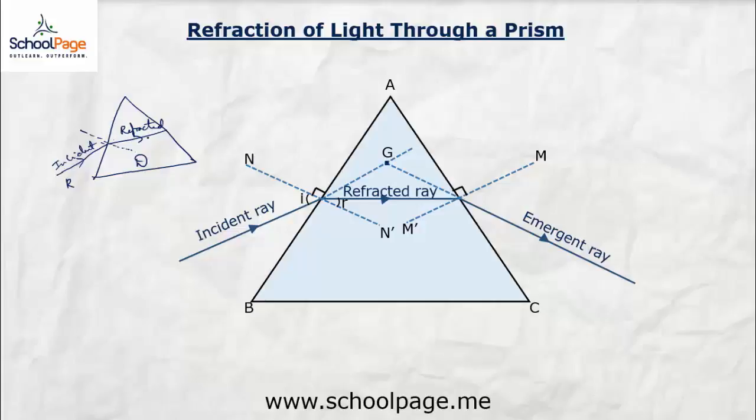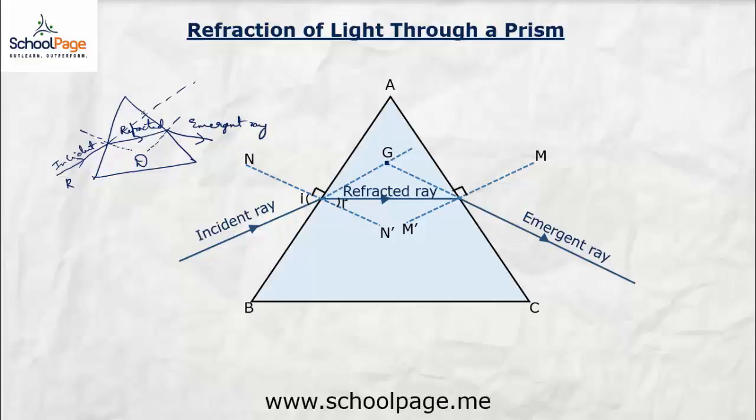So when this ray of light traveling in the prism comes out into air, refraction takes place again. If this is the normal, you may notice that since the ray is going from denser medium to a rarer medium, this ray of light bends away from the normal and goes along this direction in the form of the emergent ray. This is the original path of the incident ray.